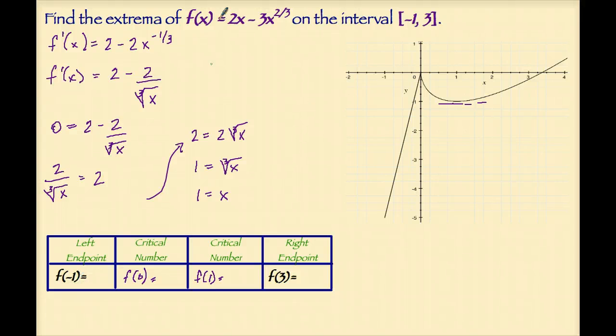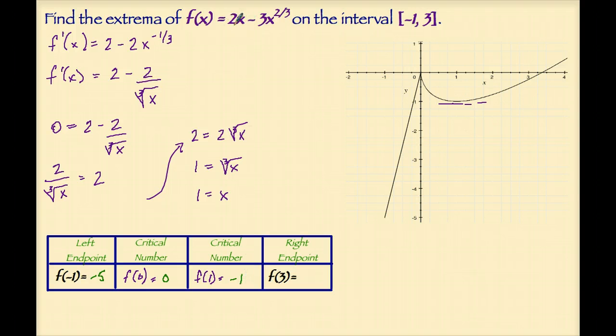At -1, when we plug that back into the original function, we get -2 minus 3, which is -5. At 0, we get a function value of 0. Notice that even though the derivative was undefined at 0, the function was not undefined. We did have a function value there. When we put 1 back into our original function, we get -1.